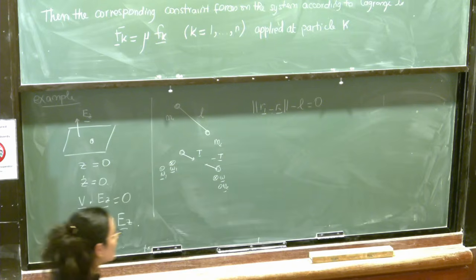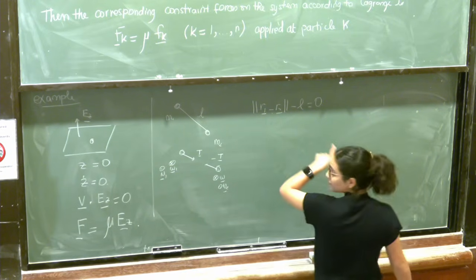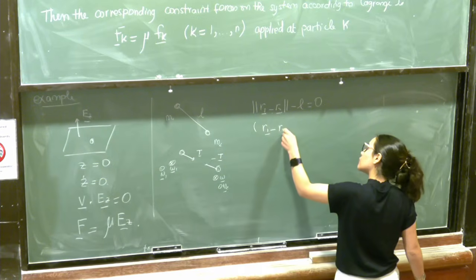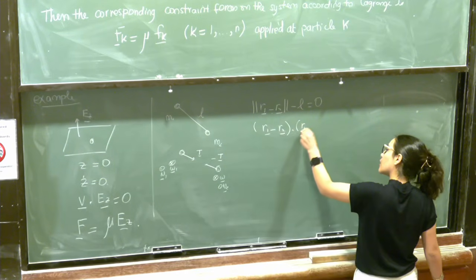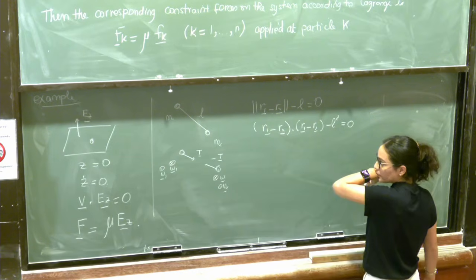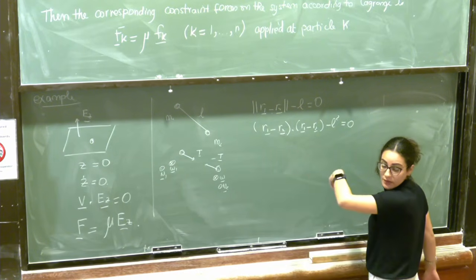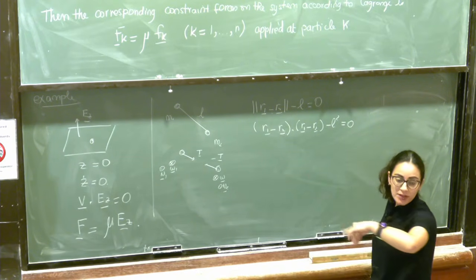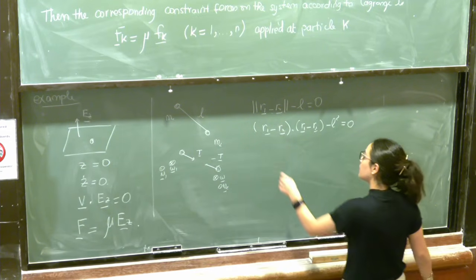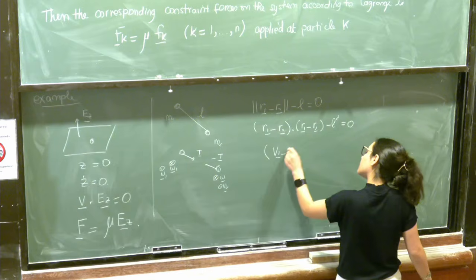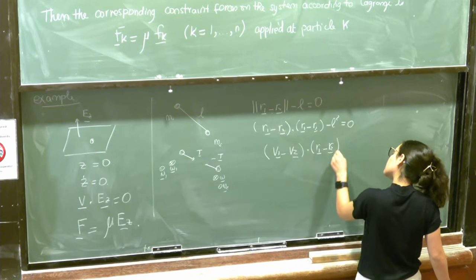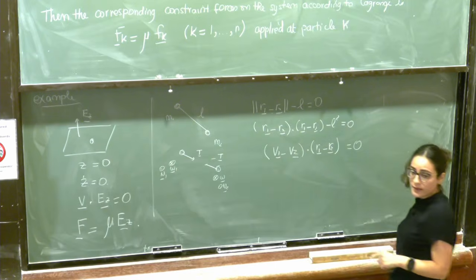Okay. So we can write this as R1 minus R2 dot R1 minus R2 minus L squared equals 0. I can differentiate this dot product. I will get two terms, but they're going to be equal, so I can add them. I will get V1 minus V2 dot R1 minus R2 is equal to 0, right?